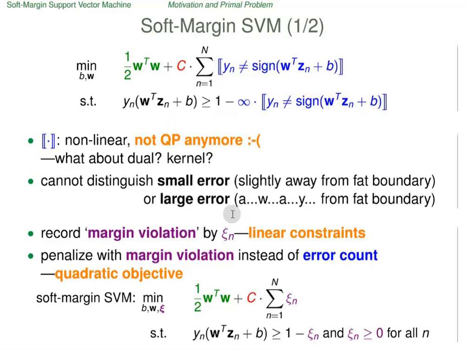We can try to do the following changes to form an equivalent problem where we just record the margin violation by the following parameter with linear constraints and penalize the margin violation instead of the error count.